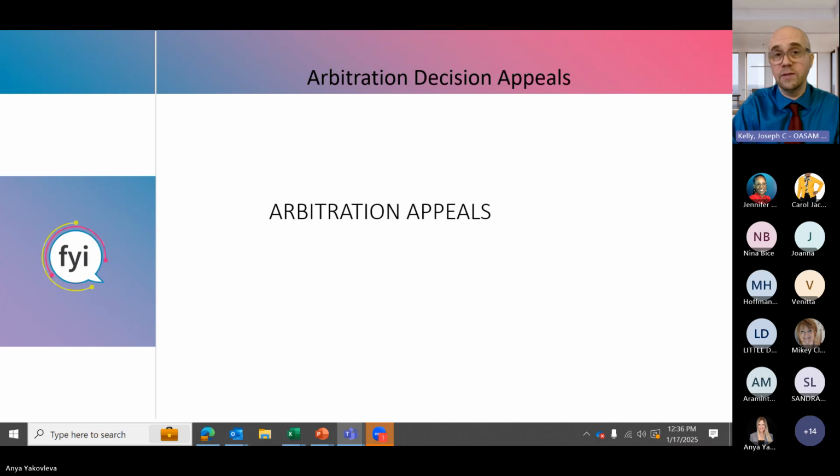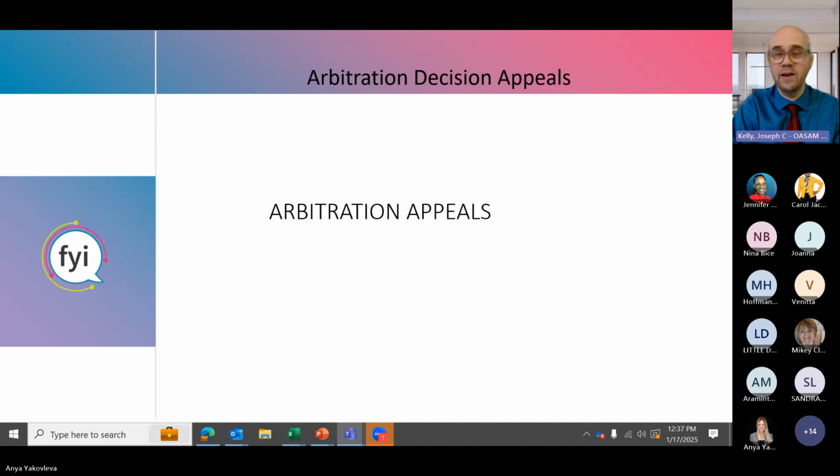So, arbitration appeals. This is my main bailiwick at the Department of Labor. I'm involved in all these various stripes of dispute that we're talking about today, but arbitration is the one I do the most, and it's the one I like the most. Just to note, we don't call them appeals.